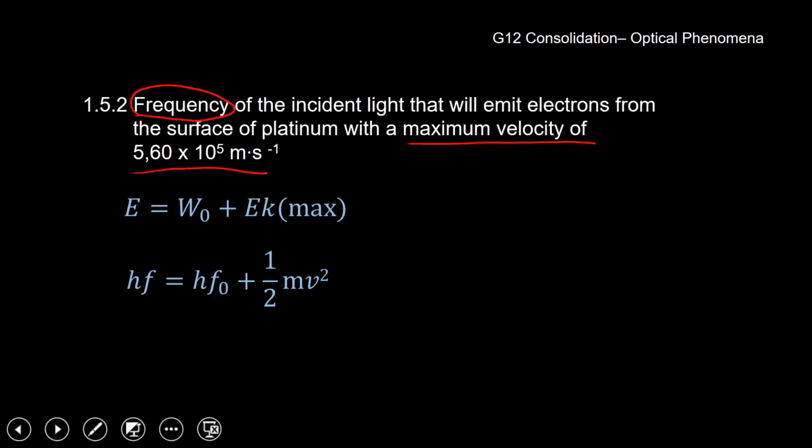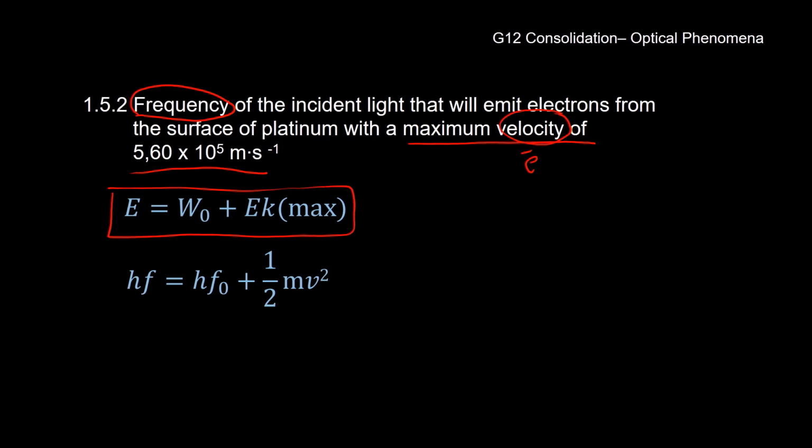So we want to find what frequency is going to give us electrons being emitted from the surface at 5,6 times 10 to the 5 meters per second. It is velocity. Where do we have velocity in an equation? Here it is. We start off with our original equation. There it is.